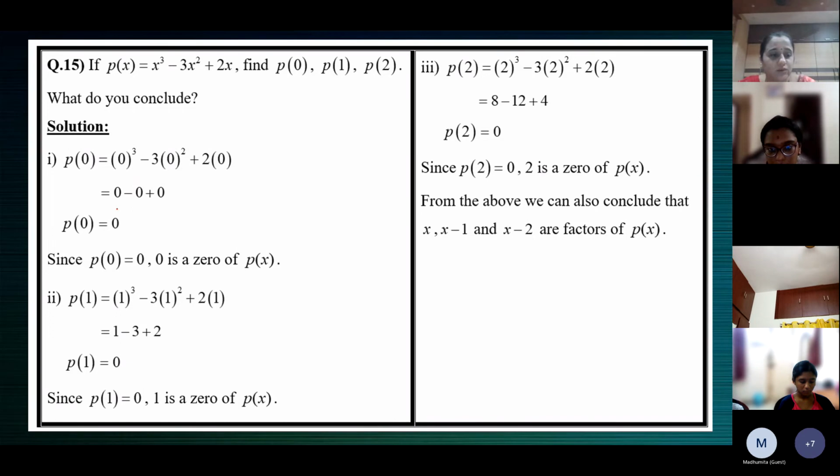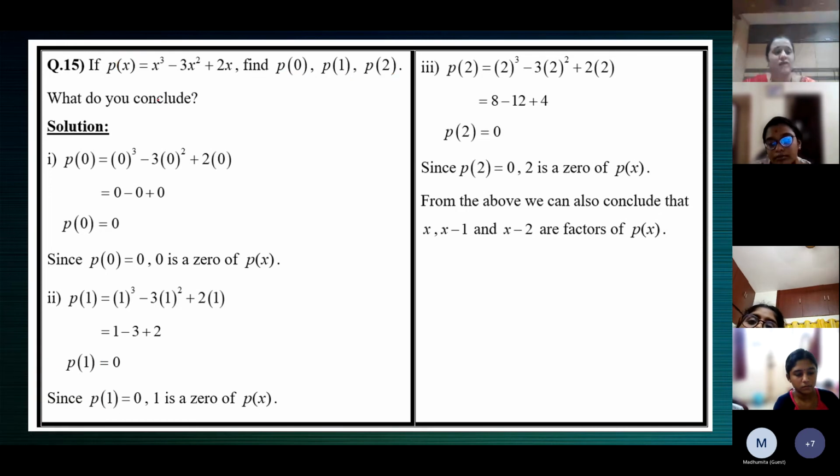So what I was telling you is that when you're asked to find P of 0, it's not that the value should be 0. When you work out P of 1, you can get any value, but not that you must always get 0. So we are asked to find P of 0, P of 1, P of 2. That means in P of x, in place of x, we're supposed to use 0 and find the value, 1 and find the value, 2 and find the value.